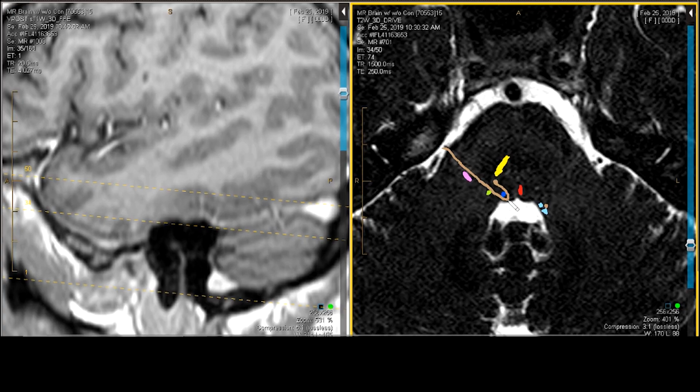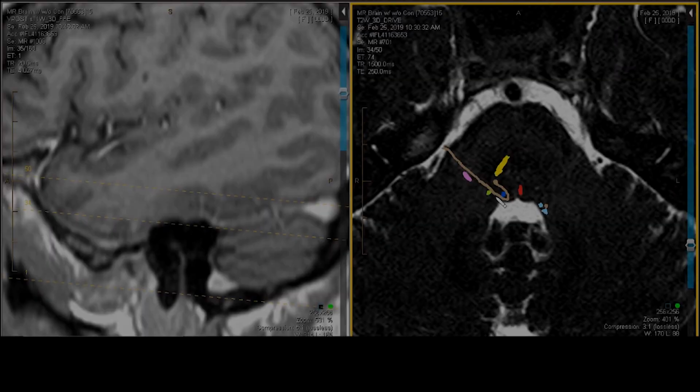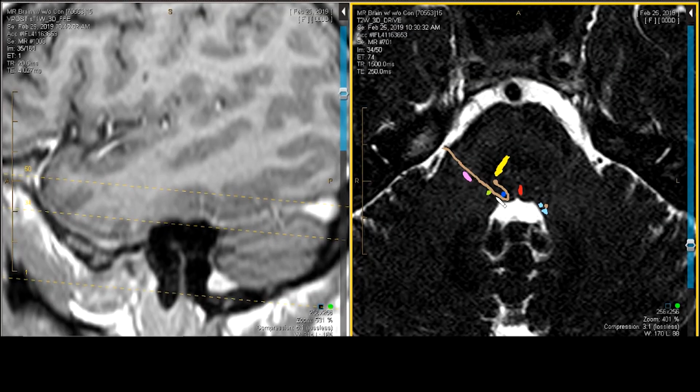So this looping effect of the seventh nerve around the abducens nerve nucleus is the main teaching point of this vignette, along with the fact that you have this very close triad of nuclei at the apparent origin of 7, which includes 7, 5, and 6.